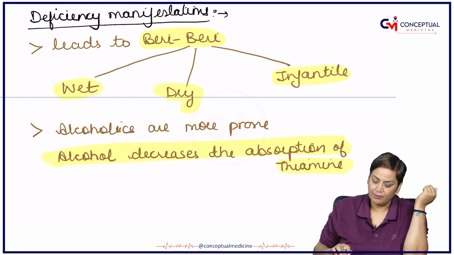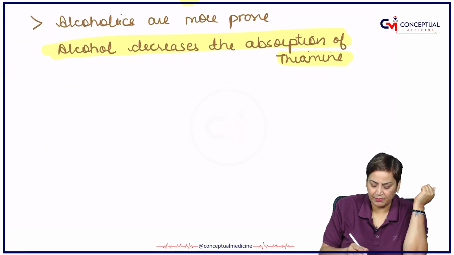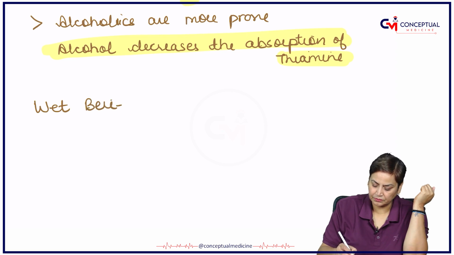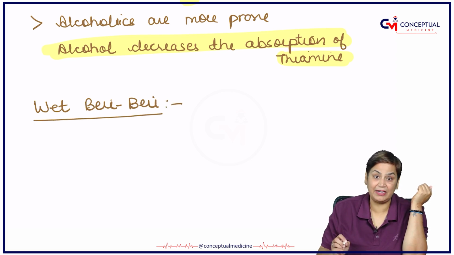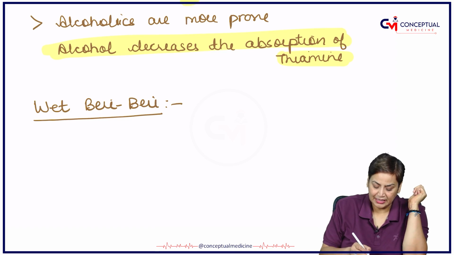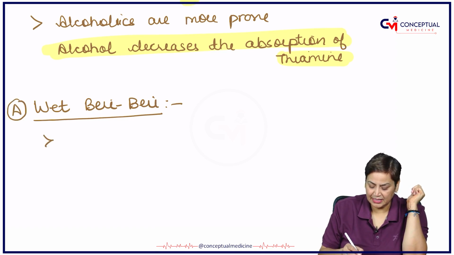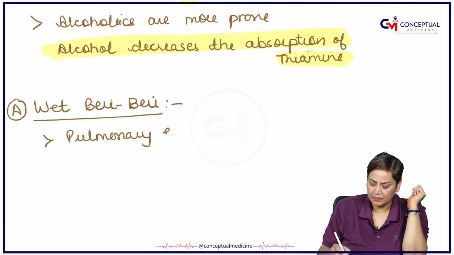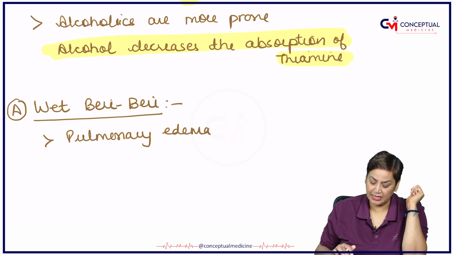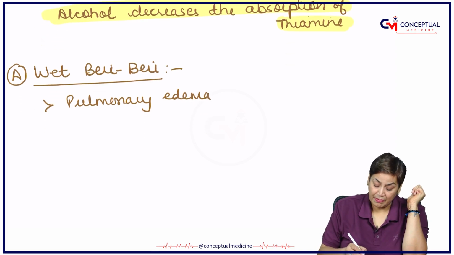Now what are the manifestations of wet beriberi first of all. As it is clear from the word itself, wet beriberi, wet, so it leads to edema. It leads to pulmonary edema. Edema is there, right? The most important one, peripheral edema is there.